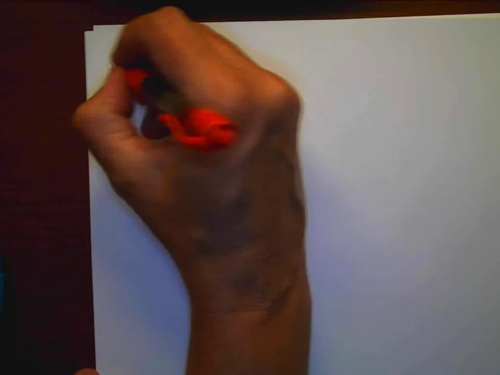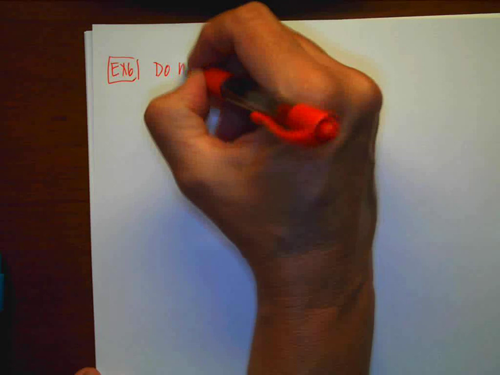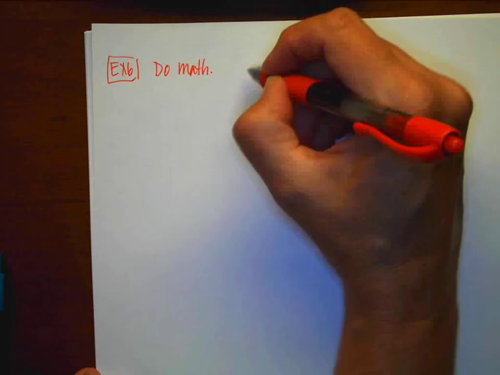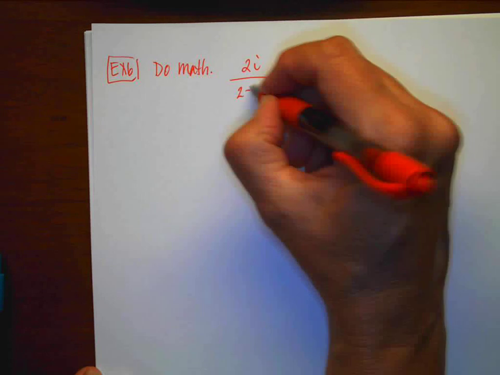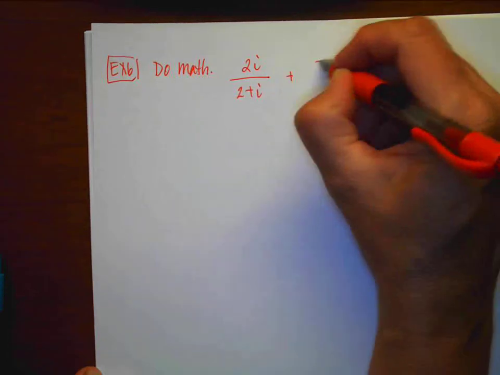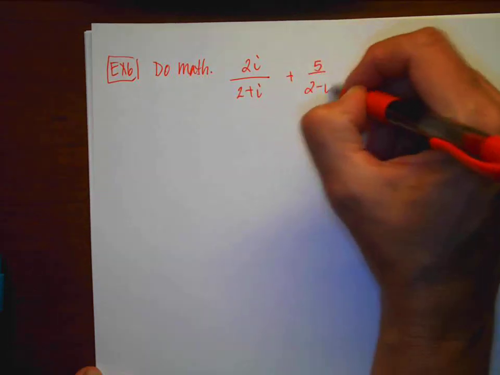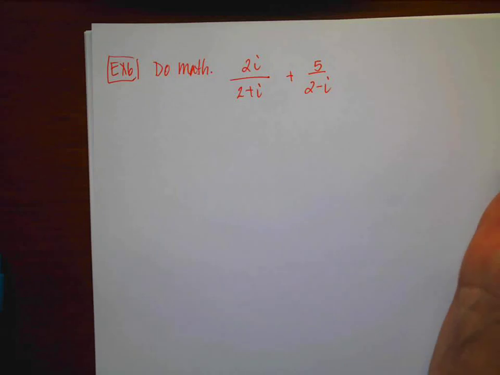Alrighty, I have 1 or 2 more examples. I can't quite remember. So for example 6, it says do math. Woohoo! We love math. If I have 2i over 2 plus i, plus 5 over 2 minus i.